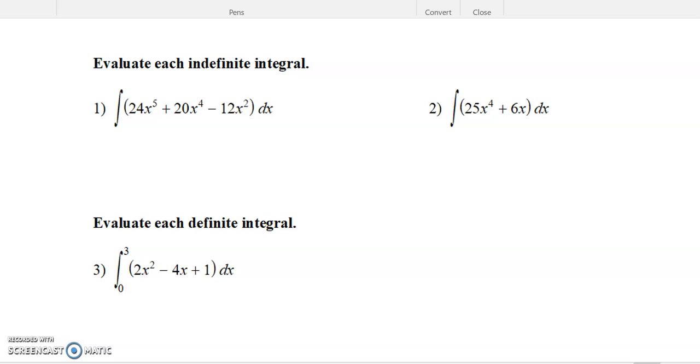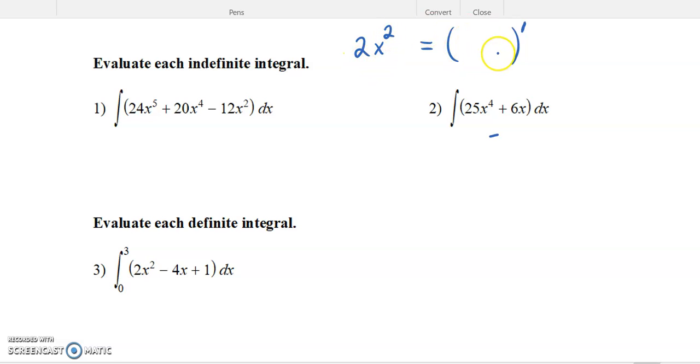So the main rule for integration, or the antiderivative, is the reverse power rule. So in general, if I have something like 2x to the power of 2, if I'm going to integrate this, I want to find out what function I would take the derivative of to end up with 2x squared.